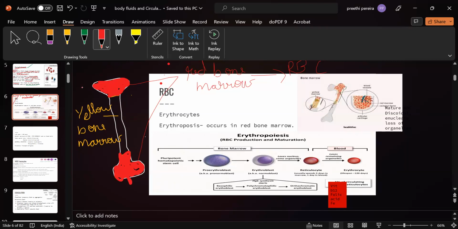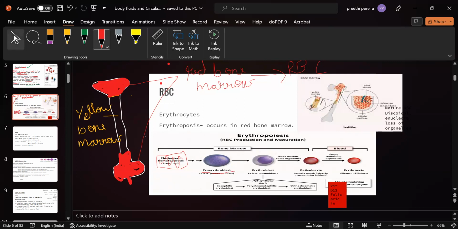So the precursor cells which are present inside this red bone marrow are known as pluripotent hemopoietic stem cells. Pluripotent मतलब वो कुछ भी बन सकते हैं. ये याद नहीं रखना है. Remember, जो RBC का precursor है वो है proerythroblast. Okay, RBC's precursor is proerythroblast.